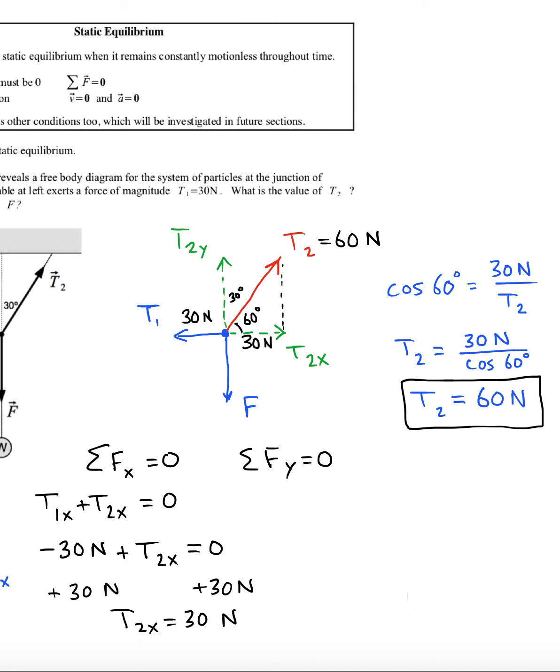But now we're also asked to go on and find the force F as well. Now that we know that T2 is 60, we could use that to find T2y. And remember, this leg of the triangle is going to be equal to T2y, so we could actually just use that same triangle if we want. And we could use a sine now instead.